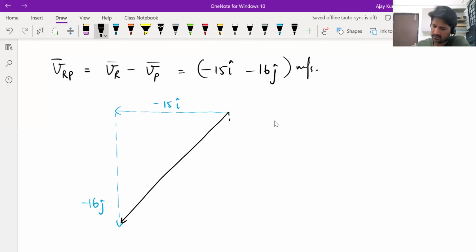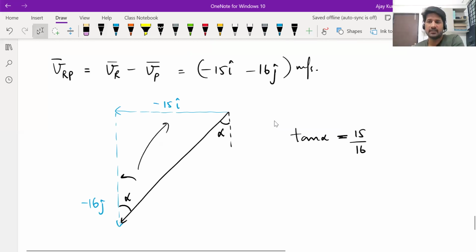And if you want the angle that they make with the vertical, call this angle as alpha. If that angle is alpha, this will also be alpha. Tan alpha, opposite is 15, adjacent is 16. Tan alpha is 15 by 16. Or alpha is tan inverse 15 by 16. That's the angle at which they appear to fall with the vertical.